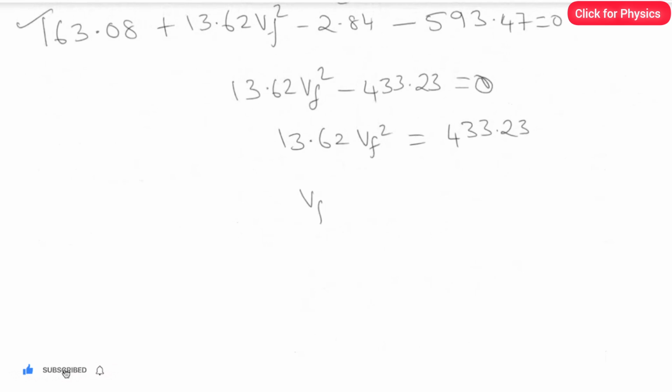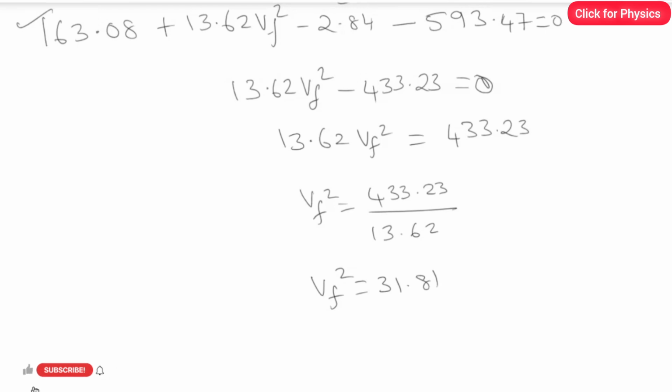Therefore, V final square is equal to 433.23 divided by 13.62. When you divide this number by 13.62, we got the answer as 31.81. So Vf square we got as 31.81.